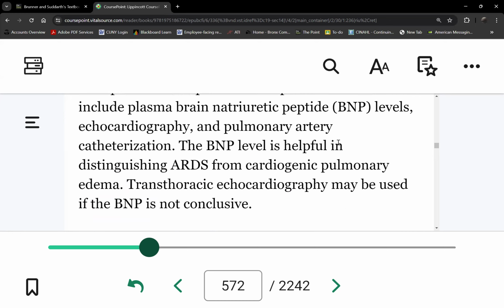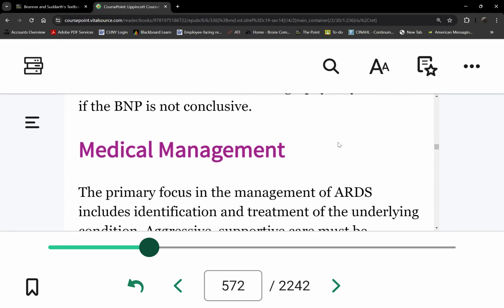If we misdiagnose this as heart failure and start giving diuretics, what will happen to this patient? Remember, there's congestion here in the lungs. However, it's not a cardiac problem, right? It's the capillary membrane permeability that's causing this edema.